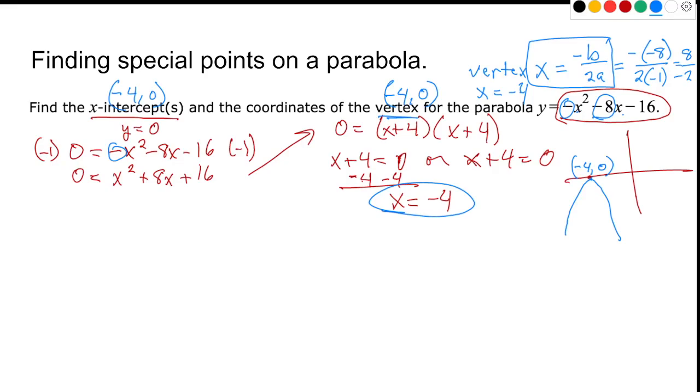So we would take negative, and then in the x, we're going to plug in -4. We're going to square that. We've got -8 times -4 minus 16. So -4 squared is 16, then we put a negative on it. So we end up with -16. -8 times -4 is a positive 32.